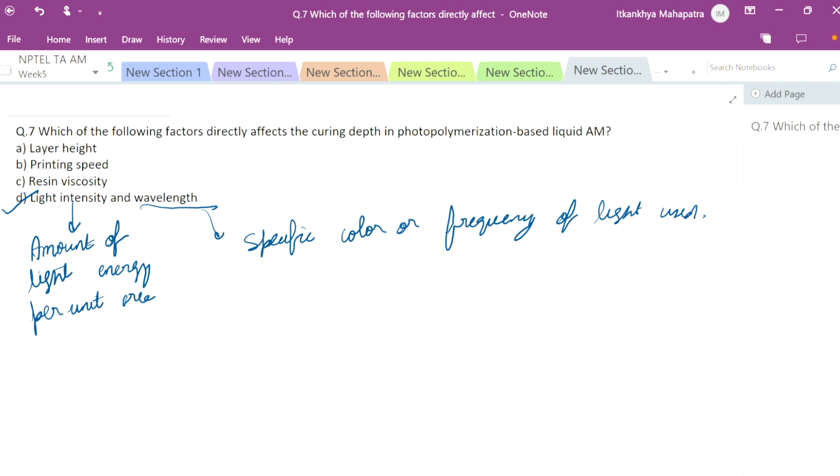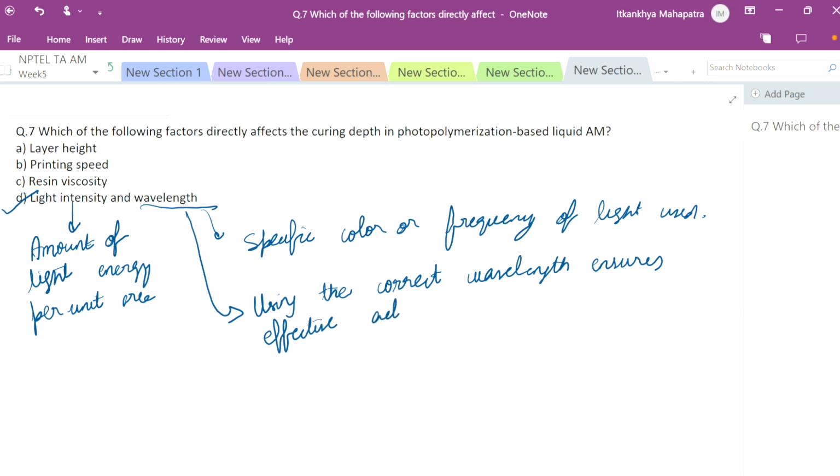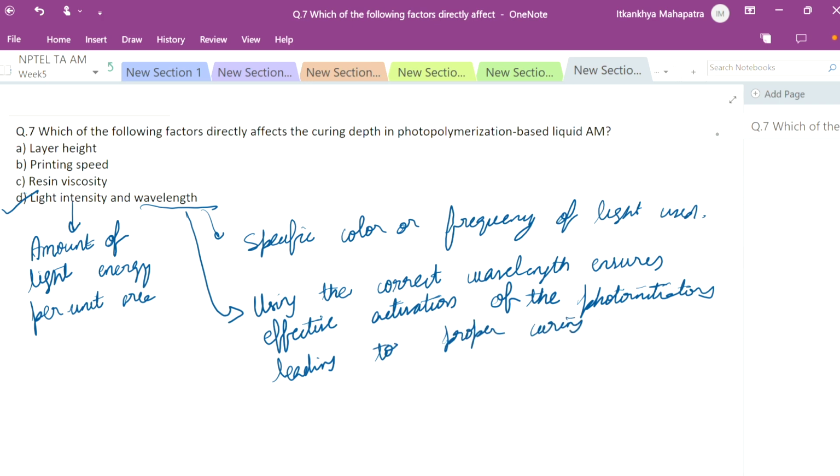So using the correct wavelength ensures effective activation of the photo initiators, leading to proper curing.